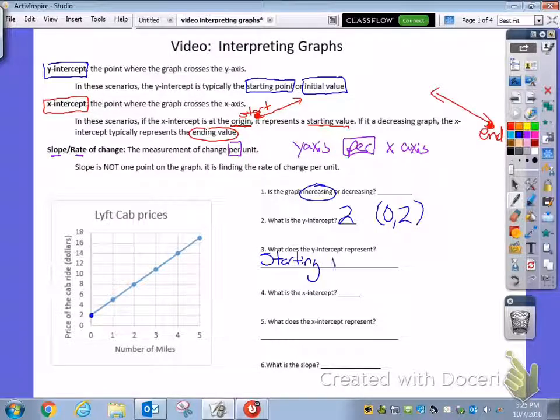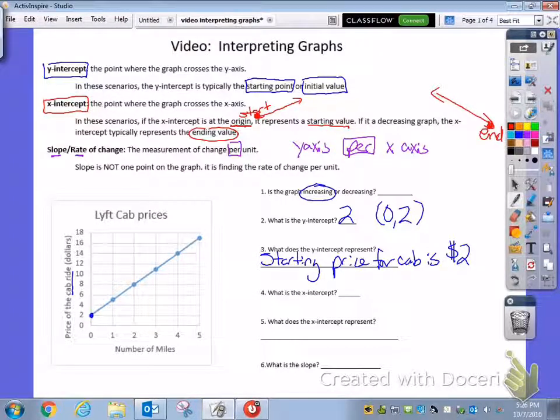The starting value or the starting price. Look at what you're talking about. I'm talking about the price of a cab ride. So the starting price for a cab fare is $2. So just to flag down a taxi and say, okay, I need to ride somewhere, you're going to have to pay him $2 just to go somewhere, even if it's just a block or something, at least $2.